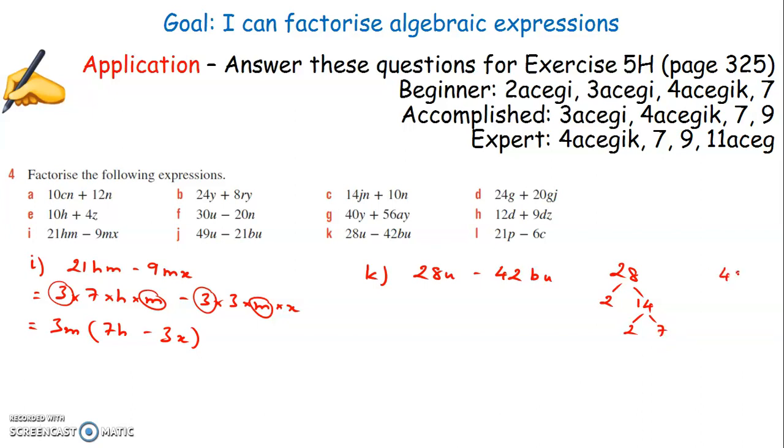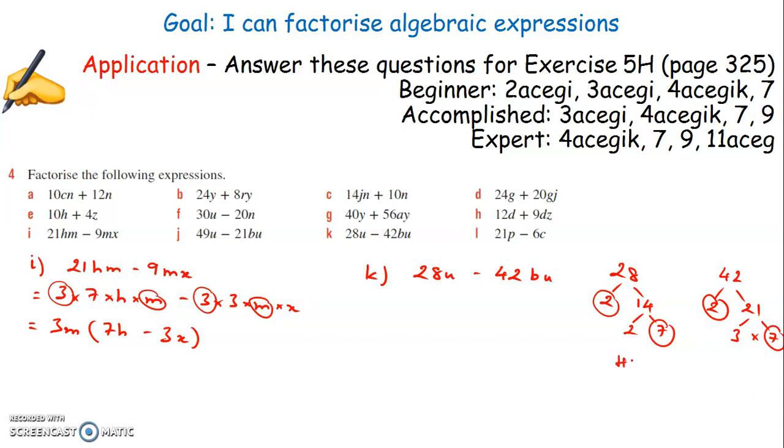Then 42, which is 2 times 21. And 21 here, that's 3 times 7, right? So what do we have the same here? We got the number 2 being the same, and also we got the number 7 that are the same.